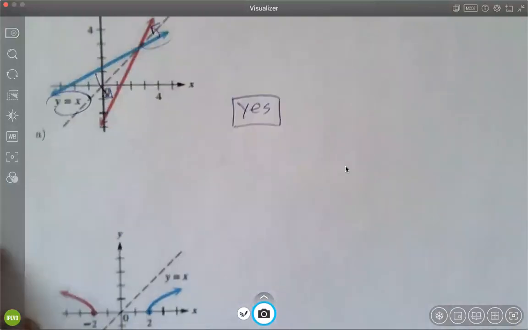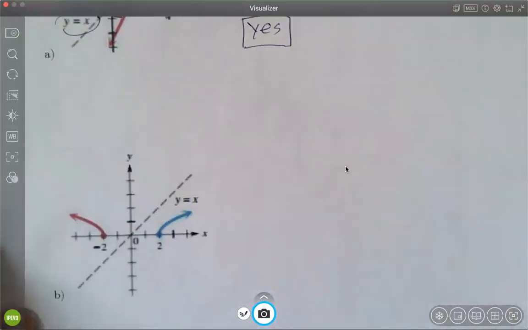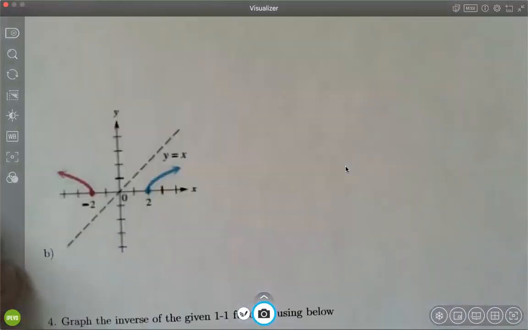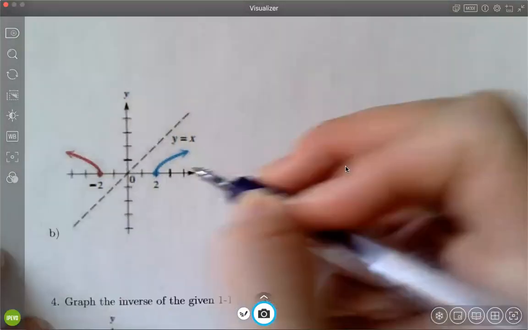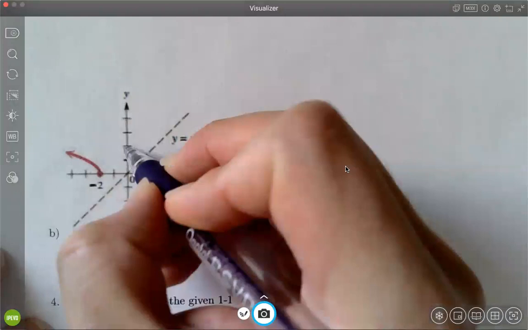And now, part B. Okay, so again, we have y equals x. And now, are they inverses? So in other words, are they symmetric in terms of this y equals x? No, and do you see why? Because if you flip this blue graph over this line, how does the graph look? Something like this, right?